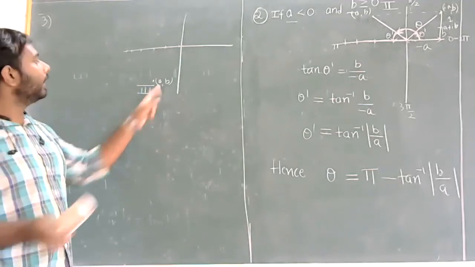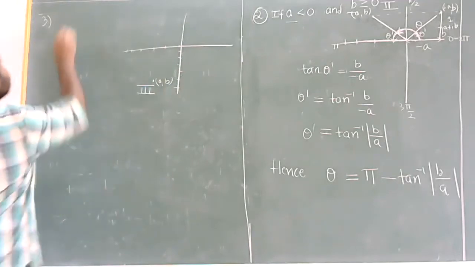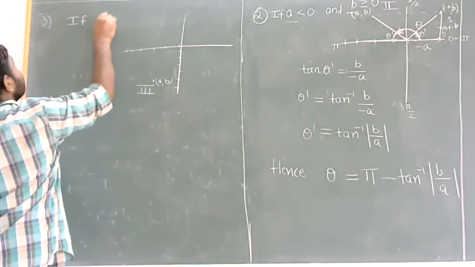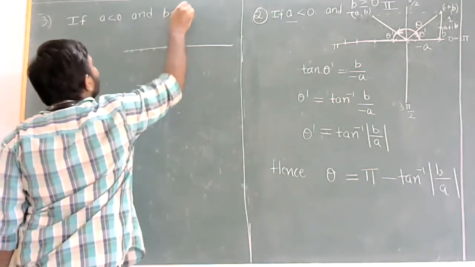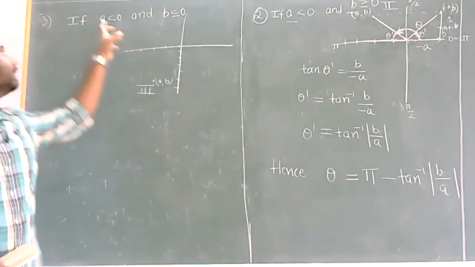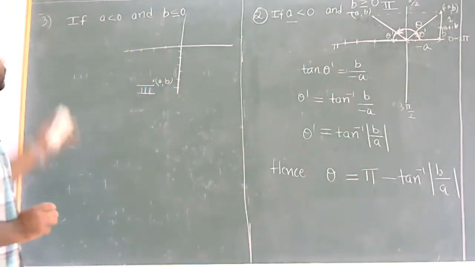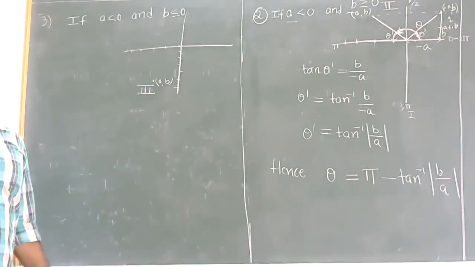That is, A will be negative, B will be non-positive. That is, if A is less than 0 and B is less than or equal to 0. B could be equal to 0 also, but A cannot be 0. Okay. Now in this case, we have to find the principal value of argument of Z.